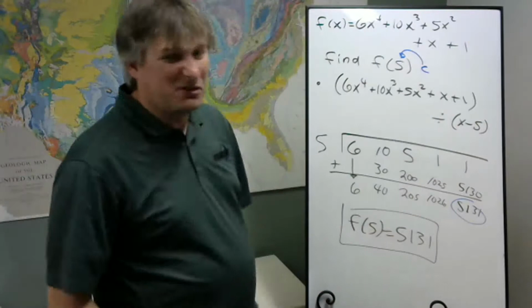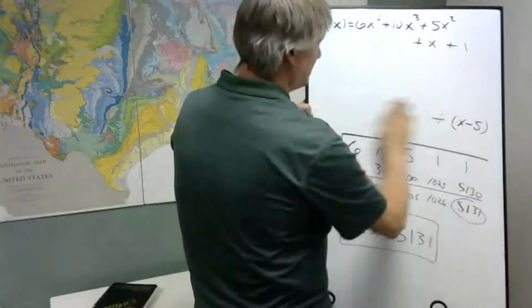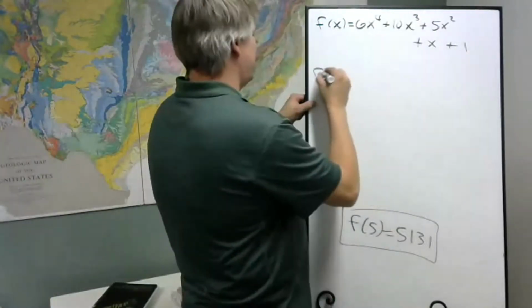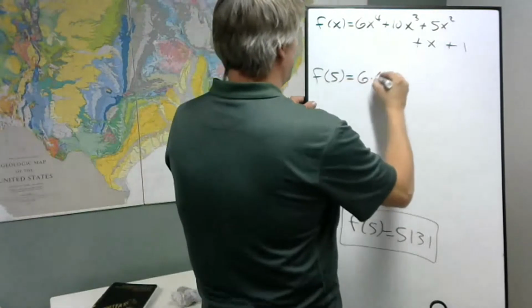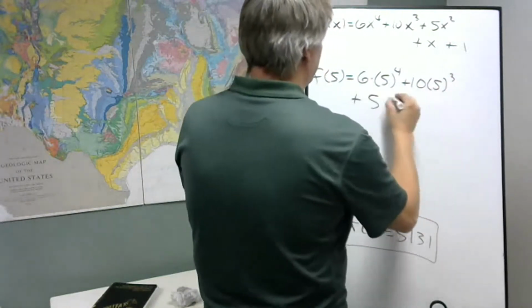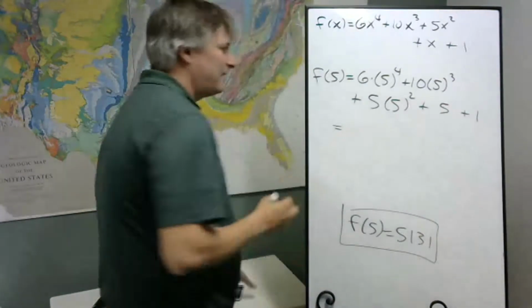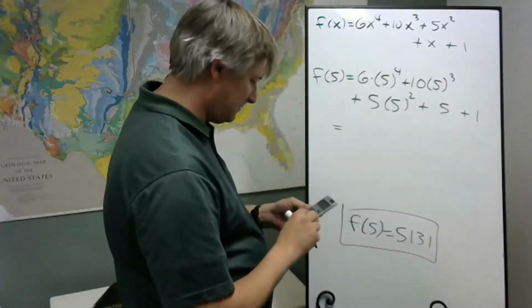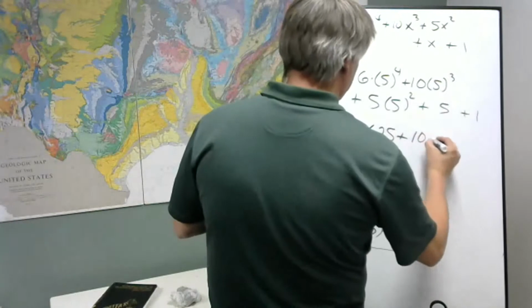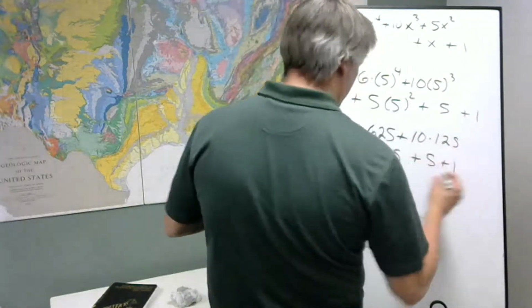So is this a better way to do things? Well, let's compute f of 5 using our order of operations. So f of 5 is 6 times 5 to the 4th plus 10 times 5 cubed plus 5 times 5 squared plus 5 plus 1. Now 5 to the 4th, let's see here, this will be 6 times 625 plus 10 times 125 plus 5 times 25 plus 5 plus 1.